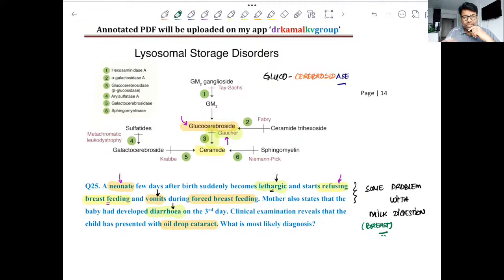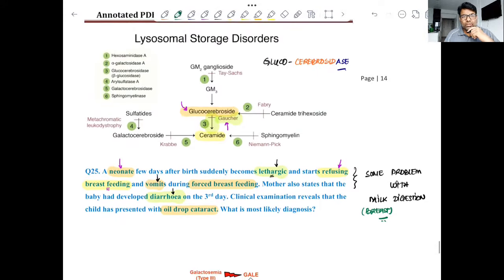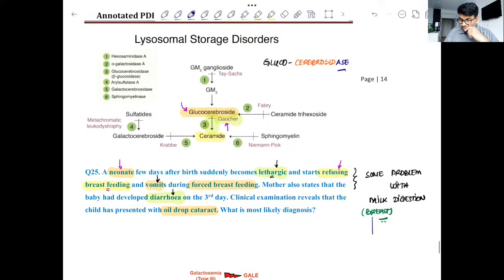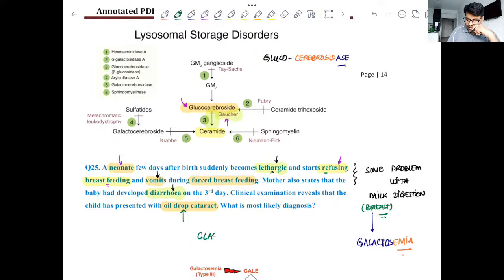So the moment you have this kind of presentation where the child is not accepting the breast milk or is not able to tolerate that, think of the entity that is galactosemia, right? Because breast milk is having galactose. So this condition is galactosemia. And if you have plenty of findings, lethargic, failure to thrive, vomiting, diarrhea, this is always a classical presentation of classic galactosemia.